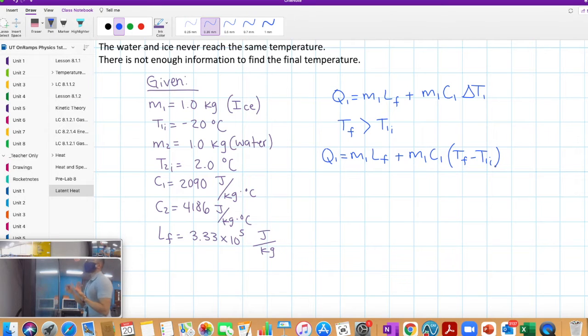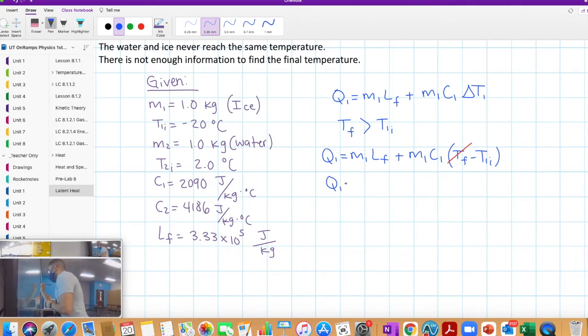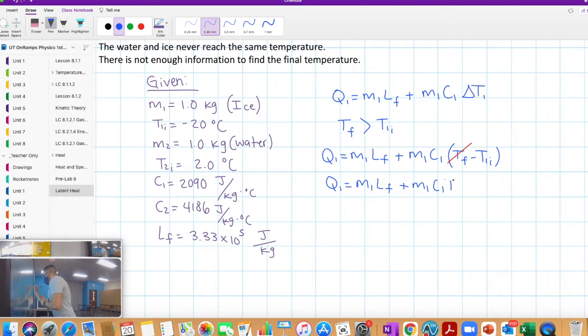Since our final temperature is 0, we can cancel it, and our equation would look like this: mass 1 times latent heat of fusion, plus mass 1 times specific heat times temperature 1 initial.